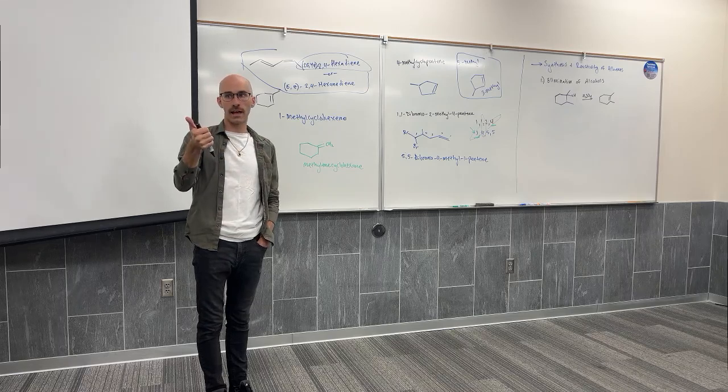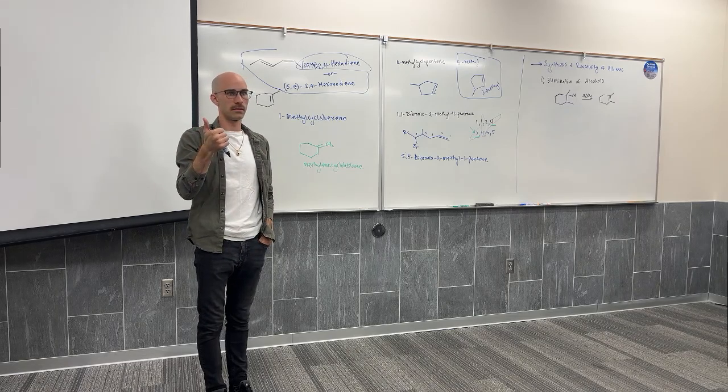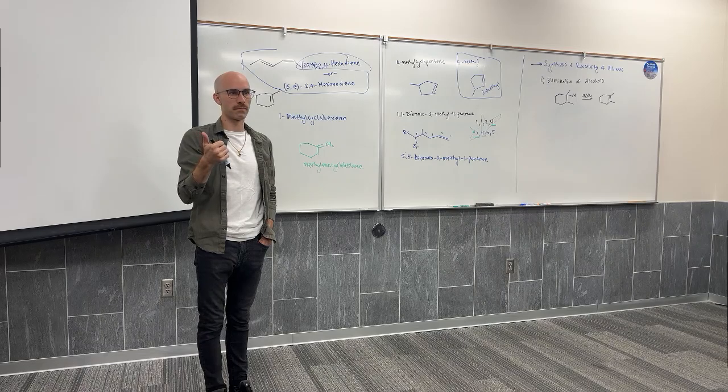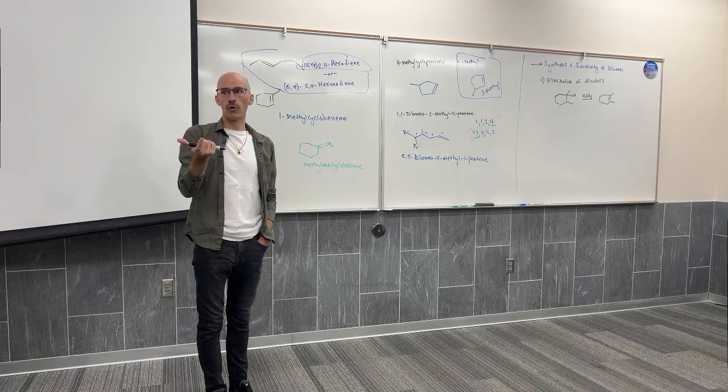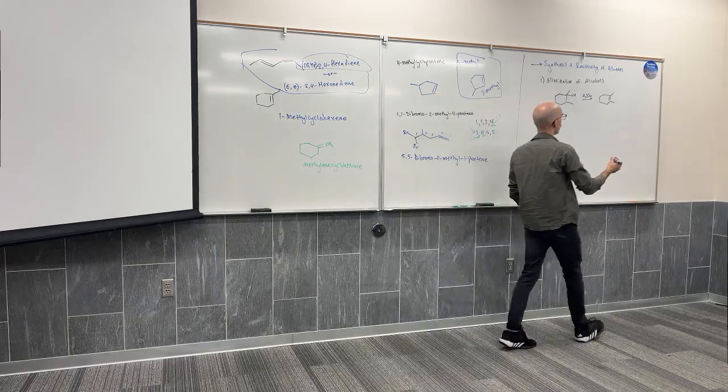So the OH left. What else left? The OH left and a pi bond formed. But what else left in order for that pi bond to form? A hydrogen left. Overall, OH and H. Water.